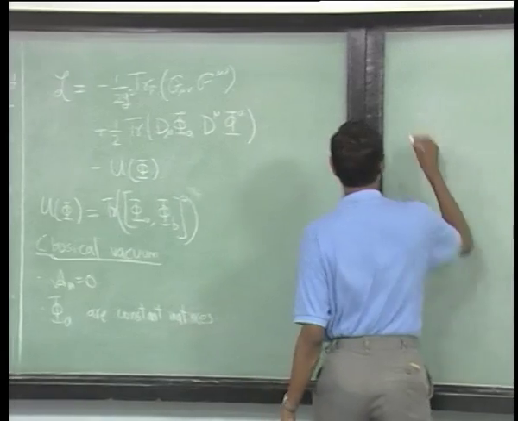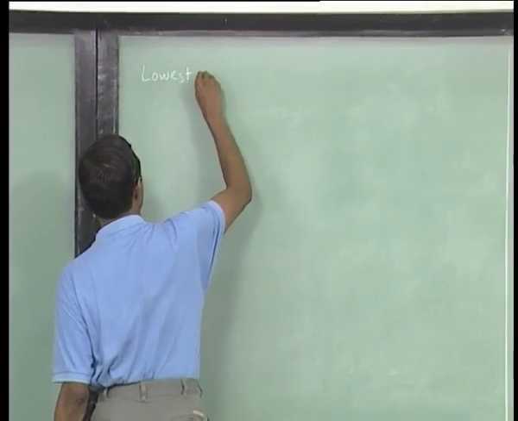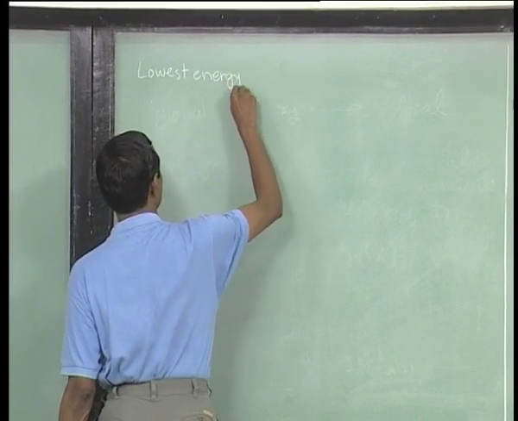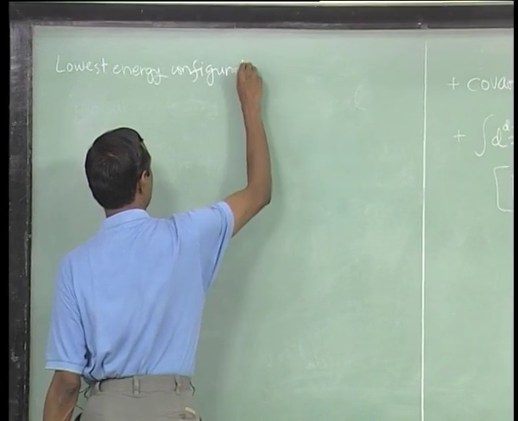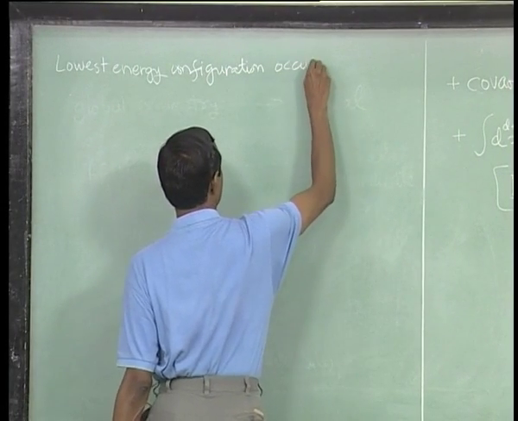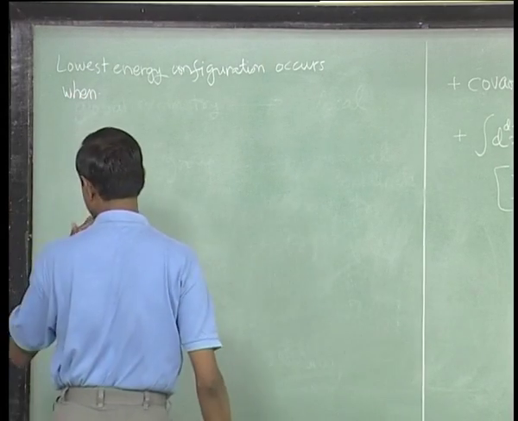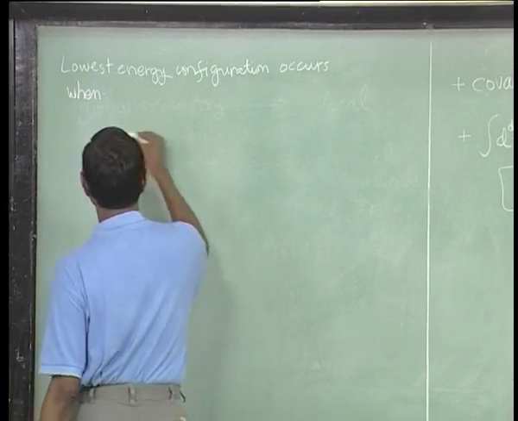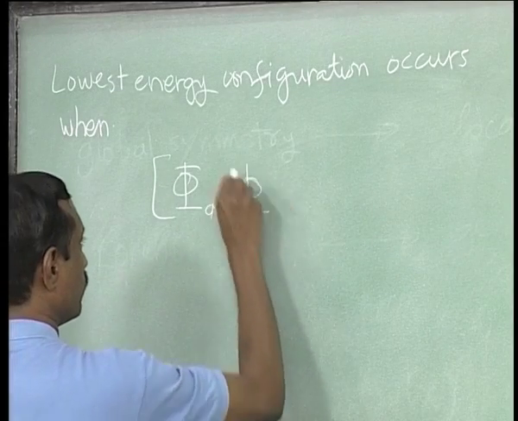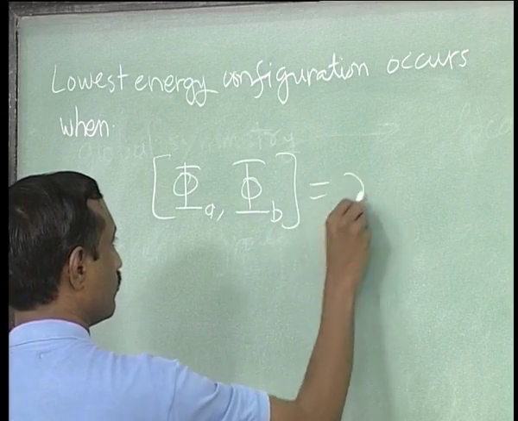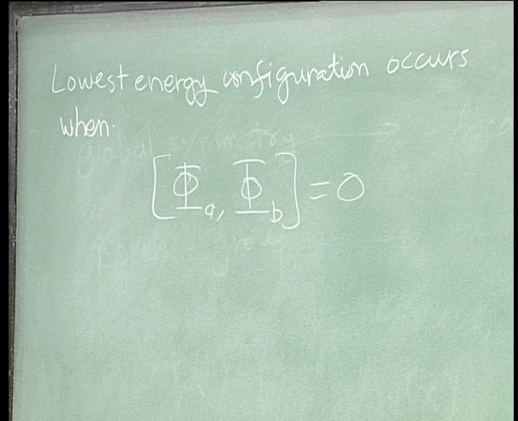So the vacuum configuration, the lowest energy configuration, is when they commute.